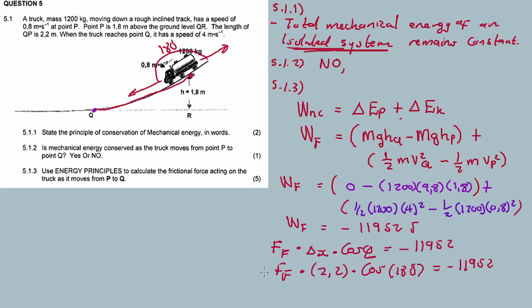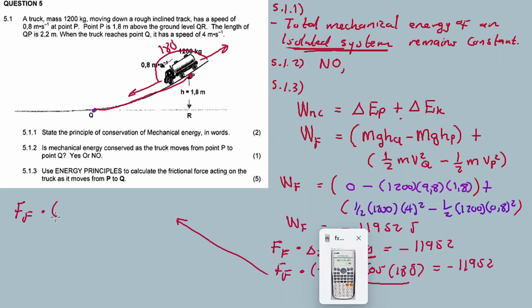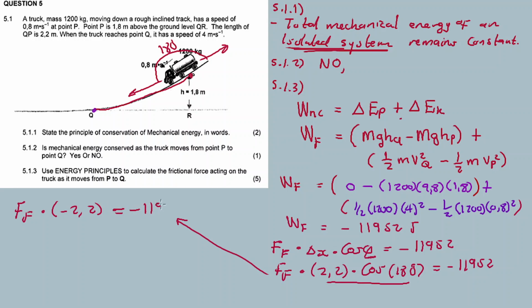The angle is 180 degrees, equal to minus 119.52. So F times cos 180, which gives negative 2.2, equal to minus 119.52. Divide both sides by minus 2.2.